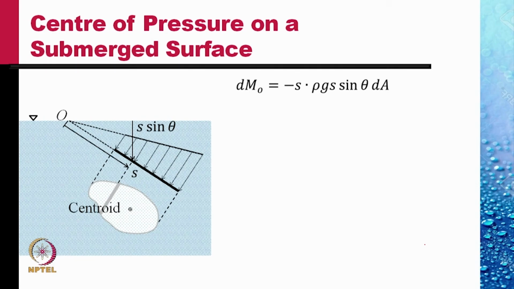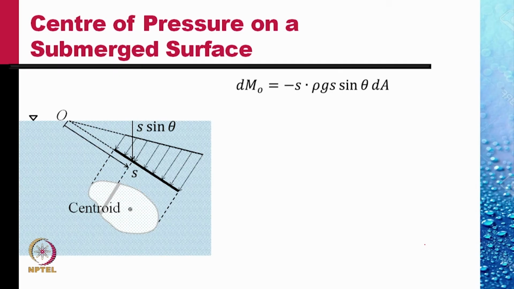The moment of the distributed force is obtained like this. The moment of the force on this element dA at distance s about origin O is minus s times the force rho g s sine theta dA.